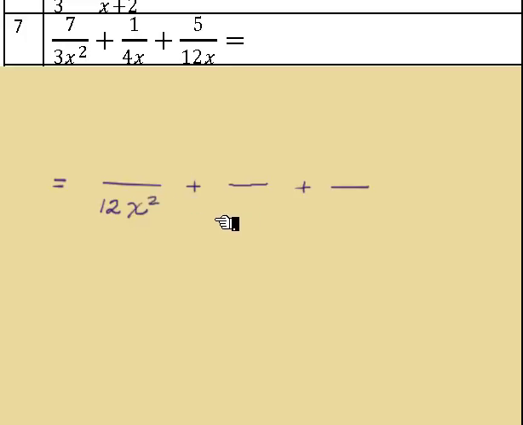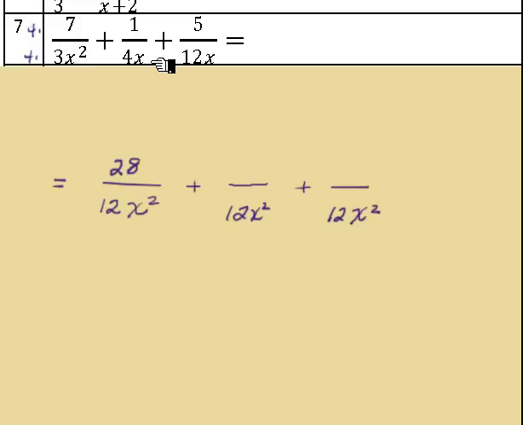So 12x squared is our common denominator. Actually, our least common denominator. We want to get an equivalent fraction with this denominator. So we have to multiply numerator and denominator by 4. All right, so we have a 28 here.